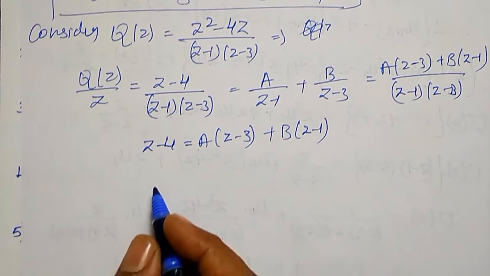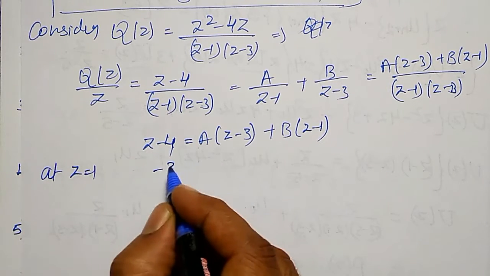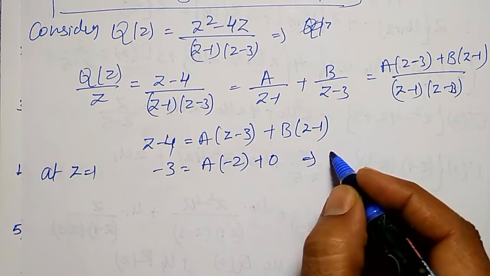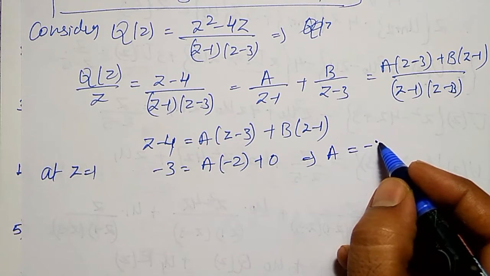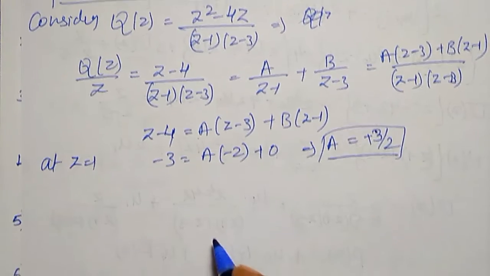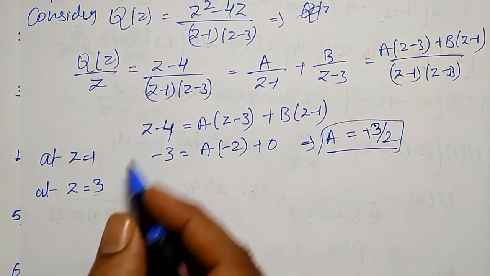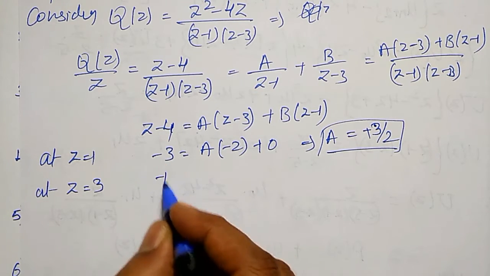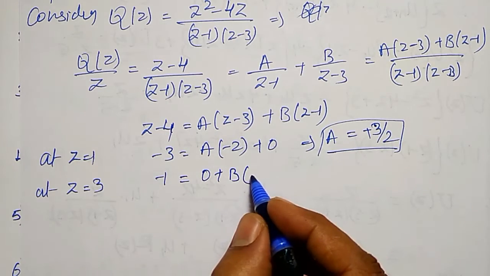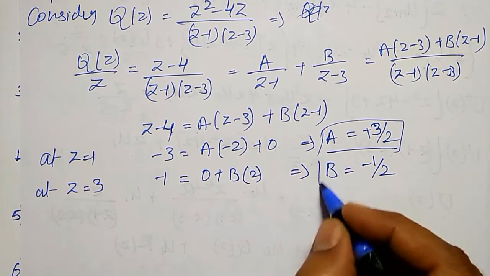Now to find out a and b for this one, at z is equal to 1: 1 minus 4 is minus 3, equal to a into (1 minus 3), which is minus 2, plus 0, which implies my a is equal to plus 3 by 2. At z is equal to 3: 3 minus 4 is minus 1, equal to 0 plus b into (3 minus 1), which is 2, which implies my b is equal to minus 1 by 2.